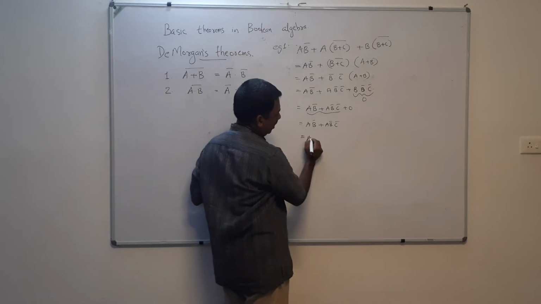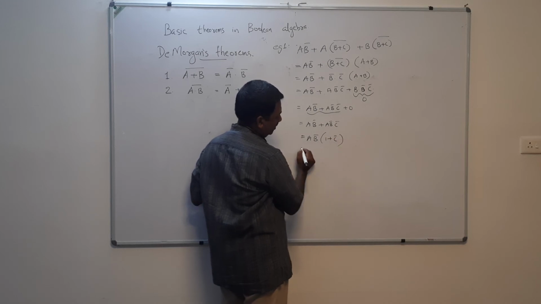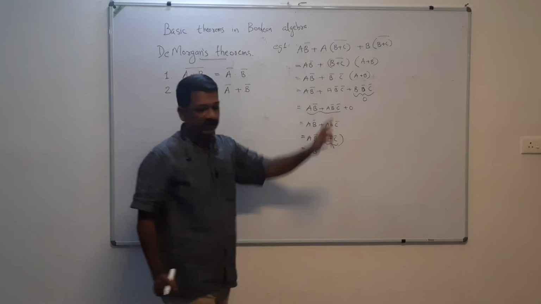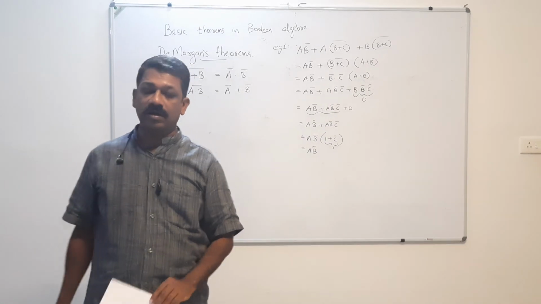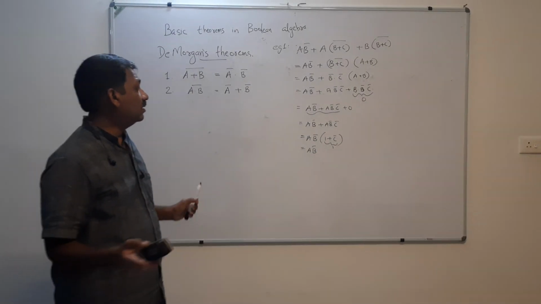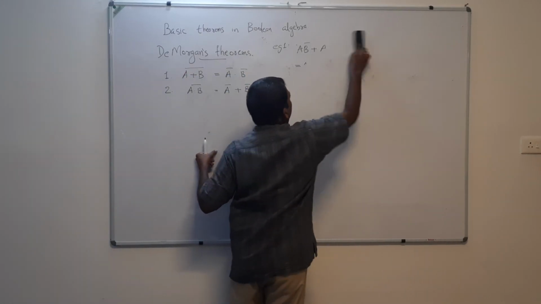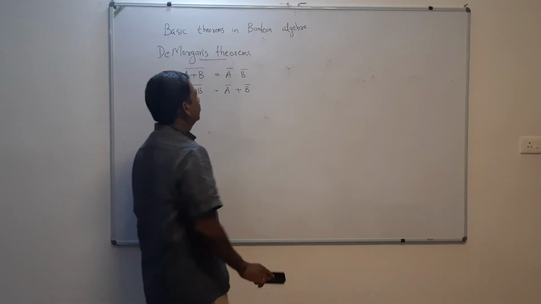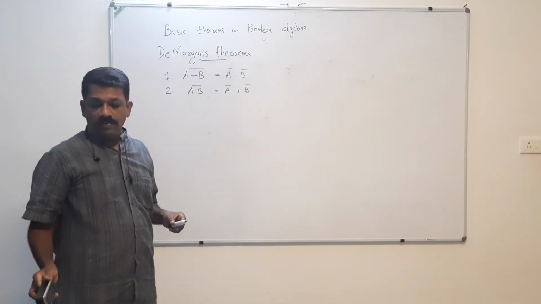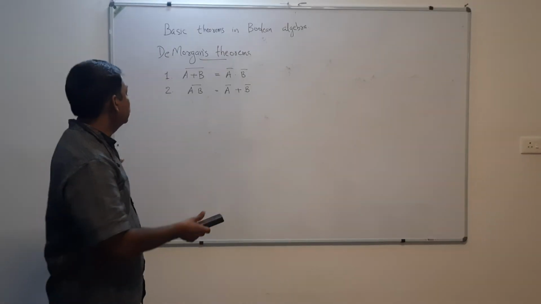That means AB bar into 1 plus C bar, and this is reduced to 1. That means AB bar. That is the simplification, AB bar. Okay. With that, we have completed the simplification of Boolean expressions.